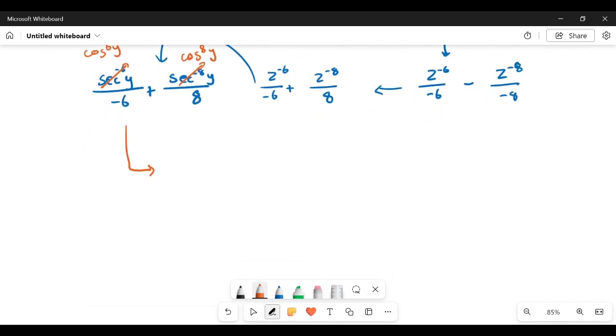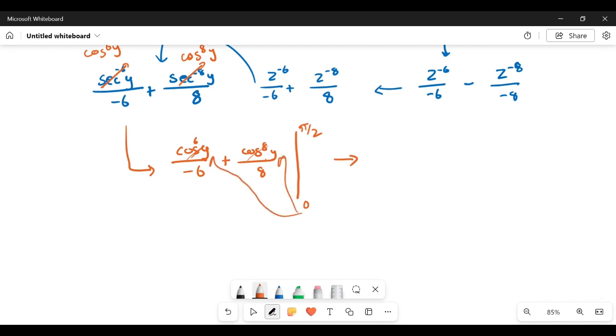That means cos y raised to the power 6 by minus 6 plus cos y to the power 8 by 8. And we are going to substitute y from 0 to pi by 2. When we put pi by 2, all these terms are 0, and when we put 0, it evaluates to 1.